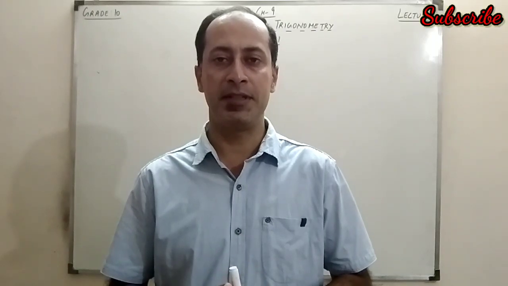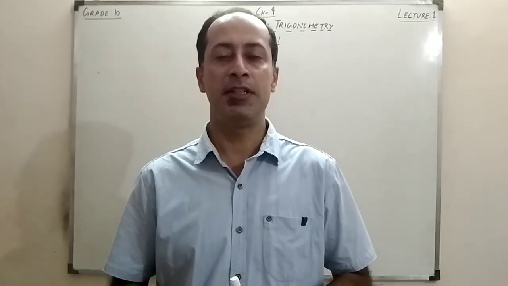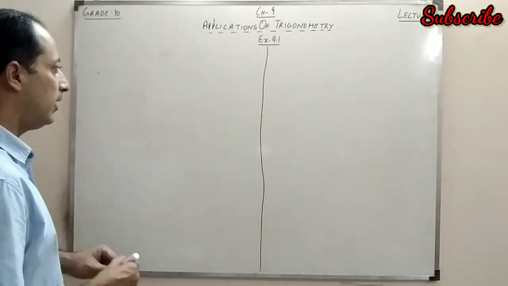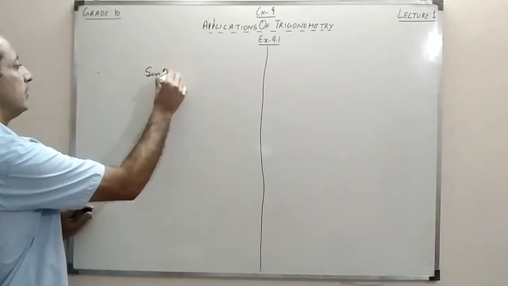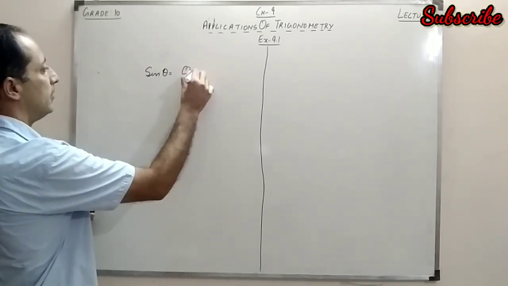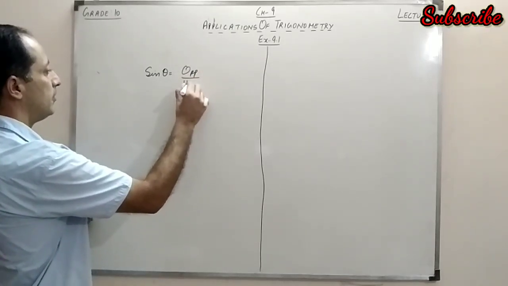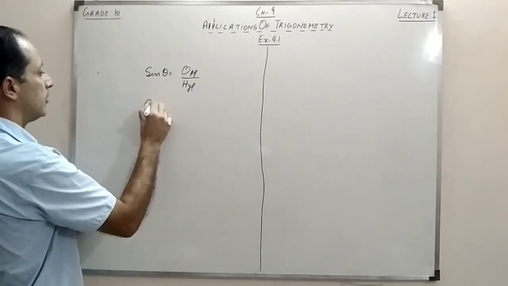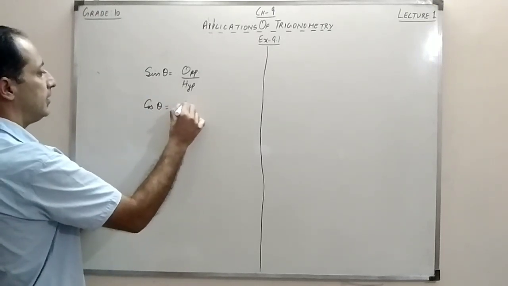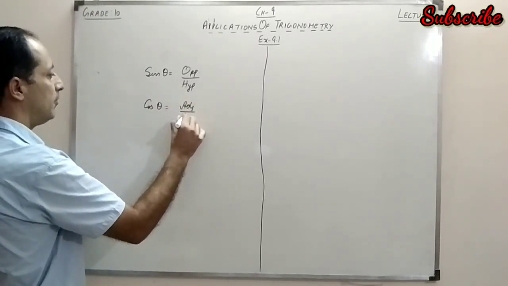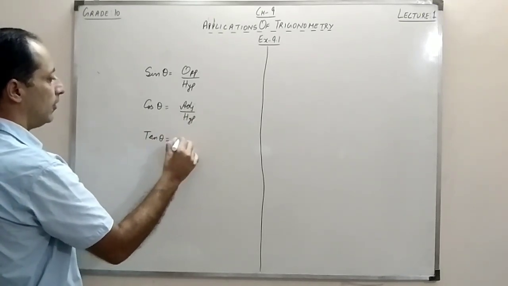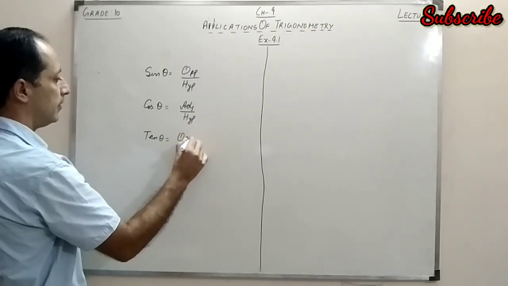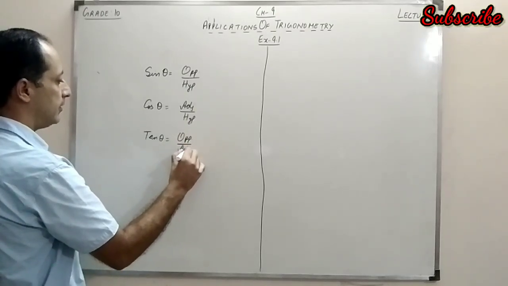But before we do the questions, let's discuss again some of the T ratios which we discussed in the chapter of trigonometry. Now, one is important. Sine theta we discussed as opposite side upon hypotenuse. Cos theta was the adjacent side upon hypotenuse, and tan theta was opposite side upon adjacent.